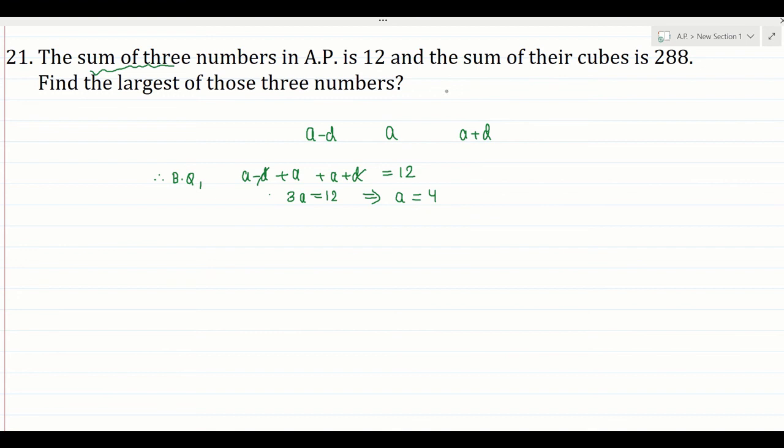Again, the second condition, the sum of their cubes. By equation, A minus D whole cube plus A cube plus A plus D whole cube is equal to 288.